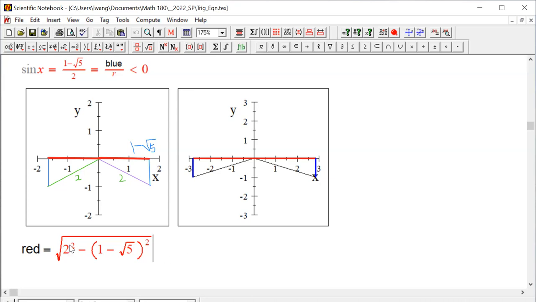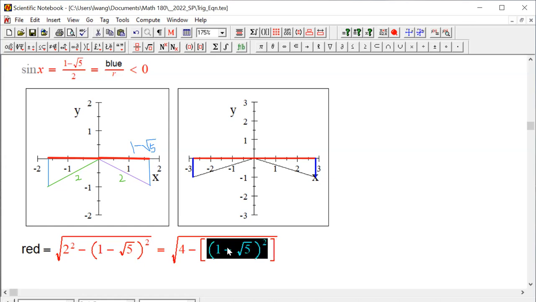That's in your homework. Okay, so 2 squared minus the blue squared. The blue is 1 minus root 5, so 1 minus root 5 squared. Okay, so let's have the patience to finish it. What are we getting? So this is 4. And we're going to open up the parentheses, I'm going to put them in brackets, because there's a negative sign outside, right?